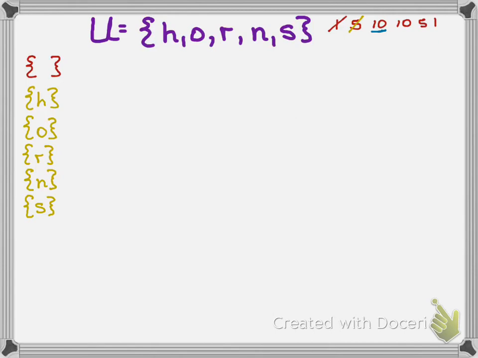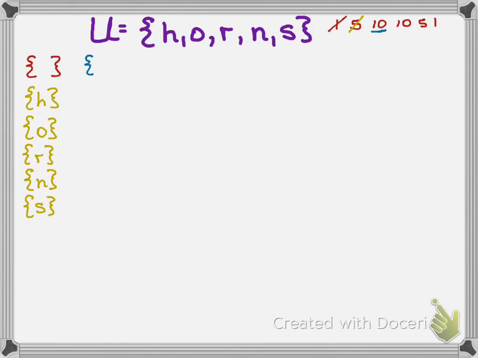All right, now we're looking for 10 with 2 elements. Okay, let's see if we can figure these all out. We're going to start with our H's, get all of our H's, then go to those who start with O's, and then starts with R, and then starts with N. All right, here we go. I'm going to start a separate group here.